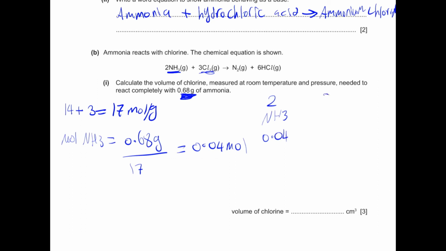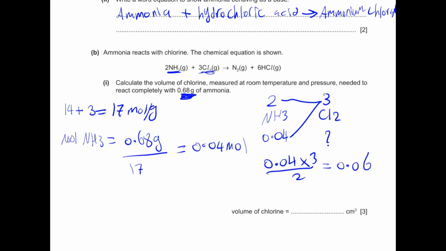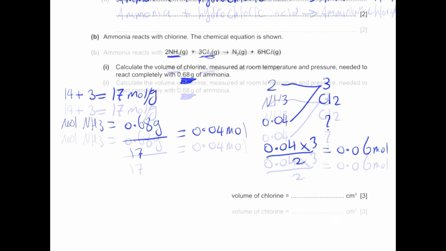And if we have 3 moles of chlorine, how much would that give us? So we're gonna multiply 0.04 by 3 and divide by 2. So 0.04 multiplied by 3 divided by 2 is equal to 0.06. So that's the number of moles of chlorine.